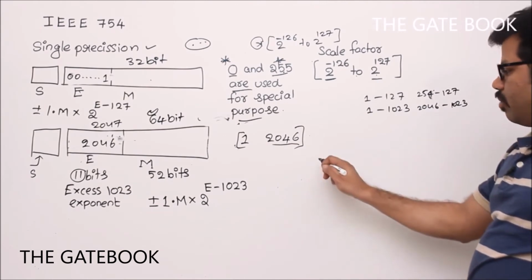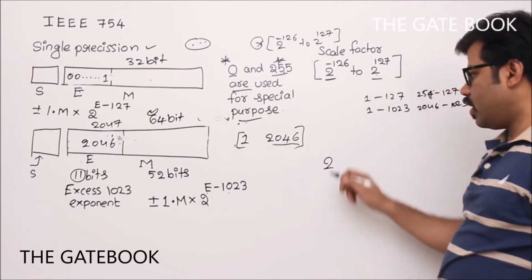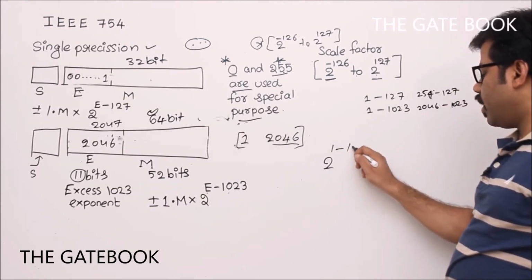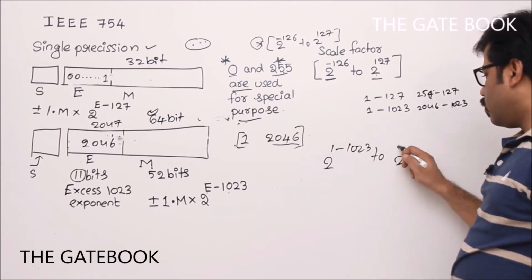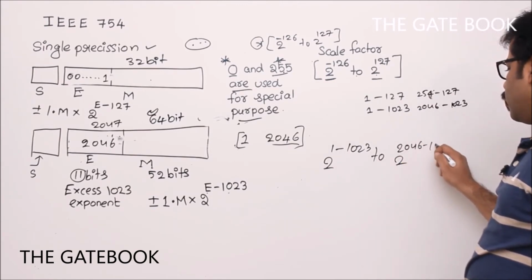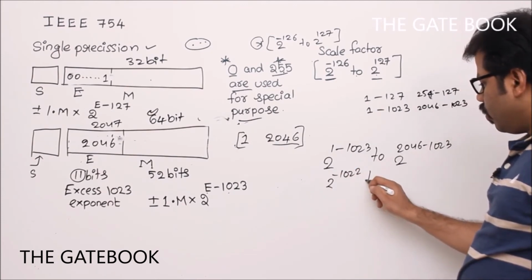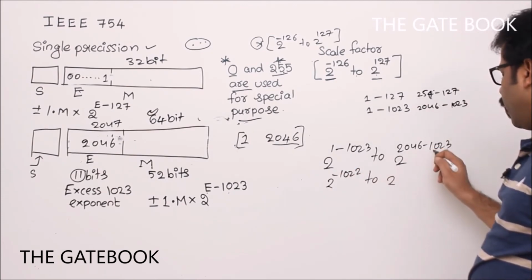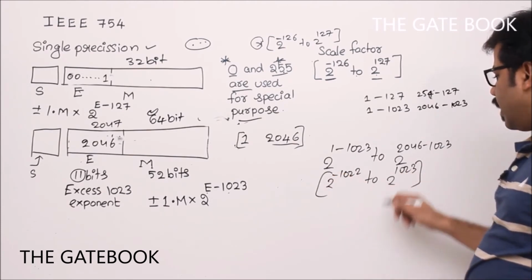The scaling factor will be 2 power, we know the formula, right? Exponent minus 1023. Let's substitute 2 power 1 minus 1023 to 2 power 2046 minus 1023. So you get 2 power minus 1022 to 2 power 2046 minus 1023, which is 2 power 1023. So this is the scaling factor.